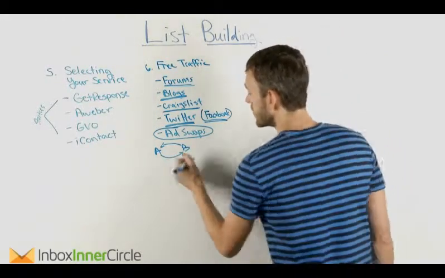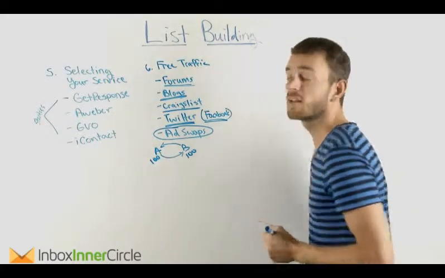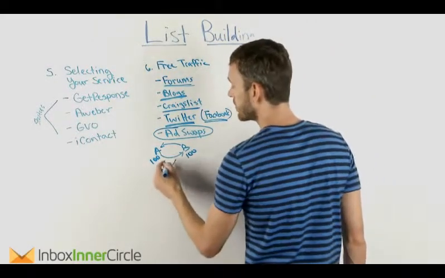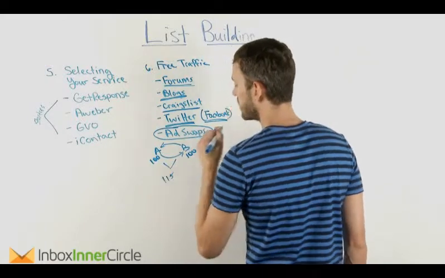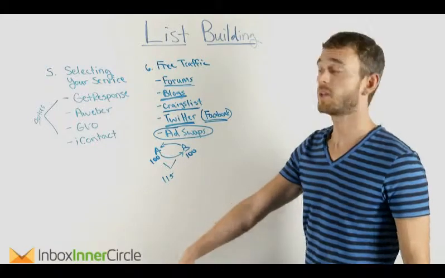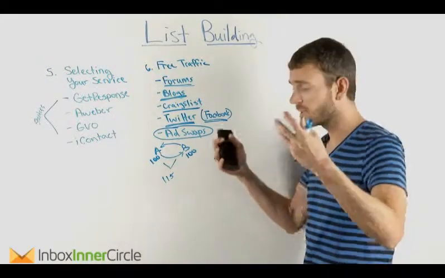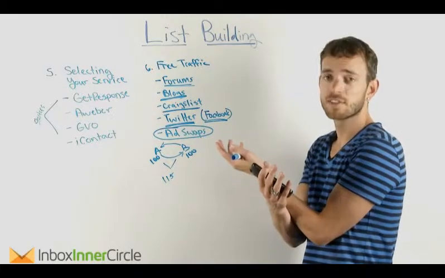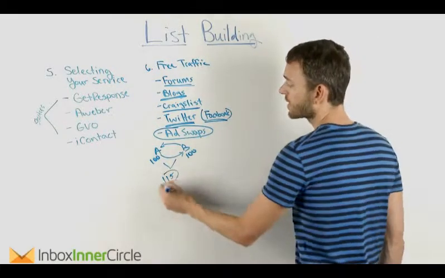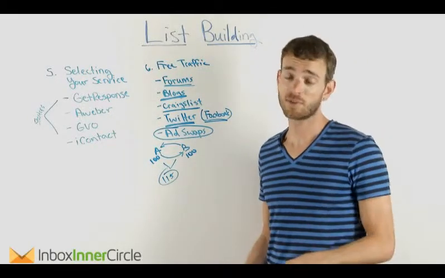So what happens is if each person has 100 people on their list, right, they might both end up with maybe 115 people after the ad swap. Because this person's emailing your opt-in page and you're emailing their opt-in page to your list, and people from each of the lists are now subscribing to the other list. And what ends up is you actually grow your subscriber base and spend $0 doing it.